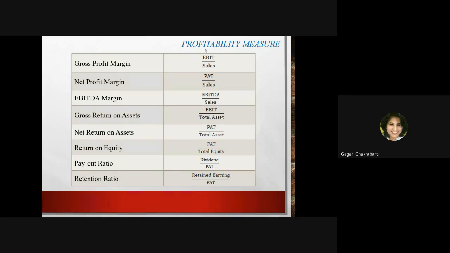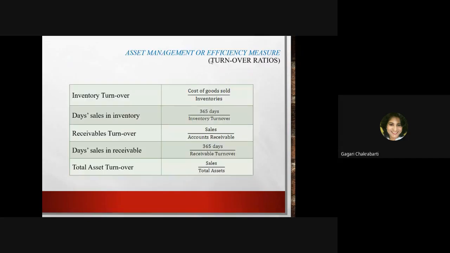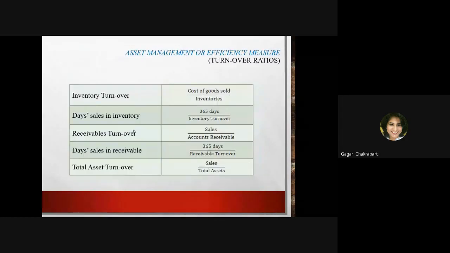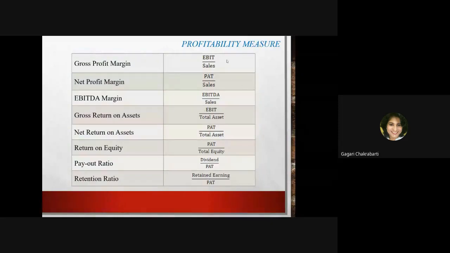This earning before interest and taxes, if you could recall, comes from the income statement. So it is the total operating revenue minus all kinds of costs plus any other income. So that is EBIT by sales, and higher the better.